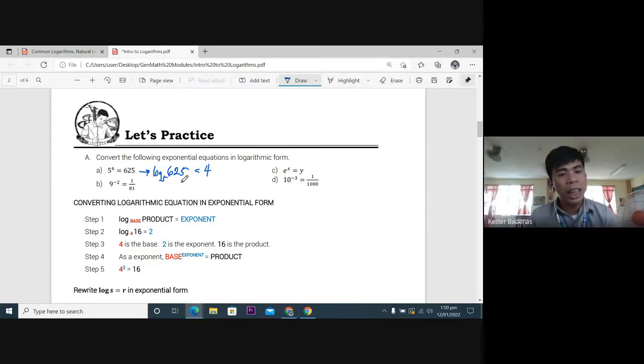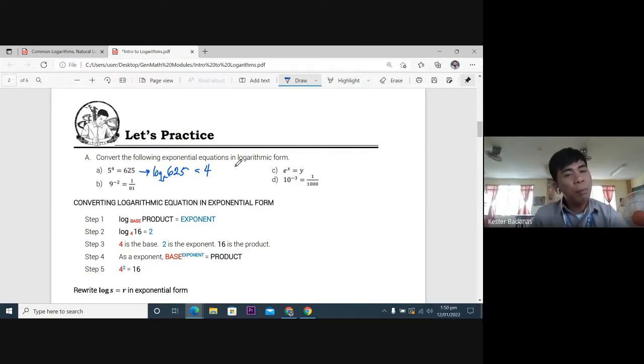Paano basahin ulit? Logarithm, hindi log lang. Joke lang. So, we have logarithm of 625 to the base 5 is equal to 4. Nakuha po?